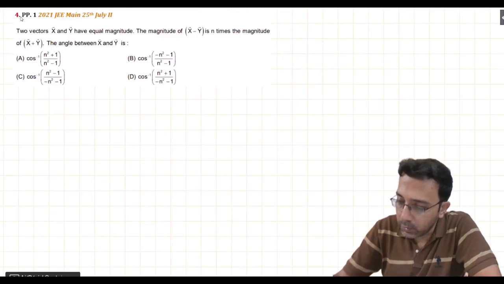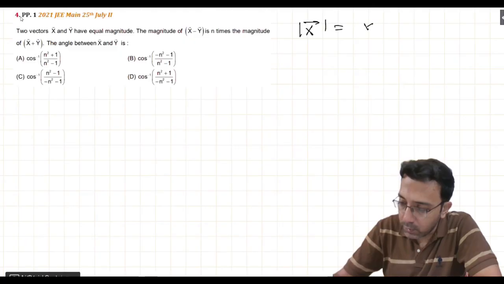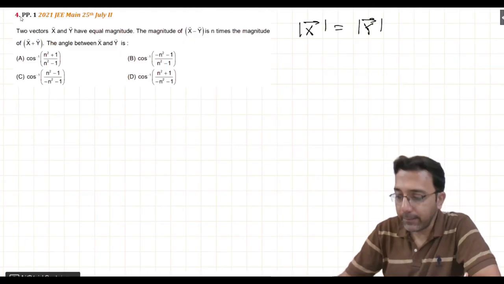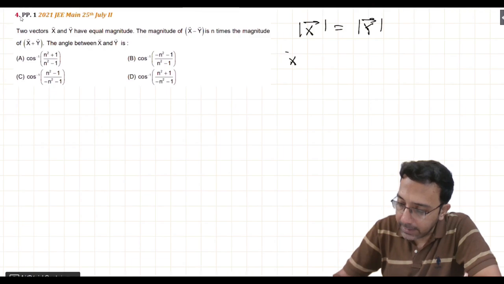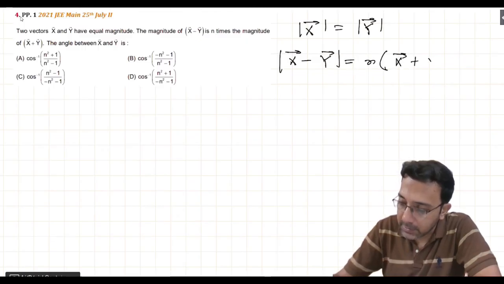the magnitude of x is equal to magnitude of y, and the magnitude of x minus y is equal to n times x plus y.